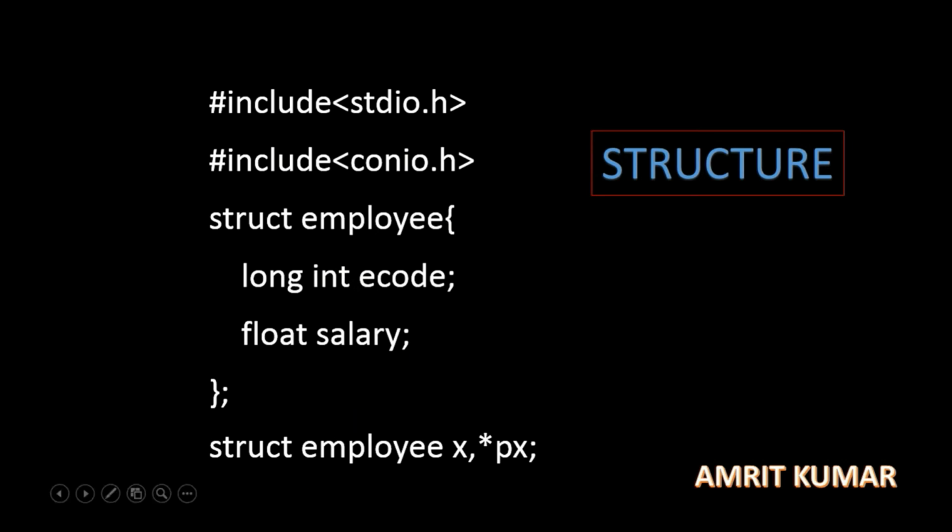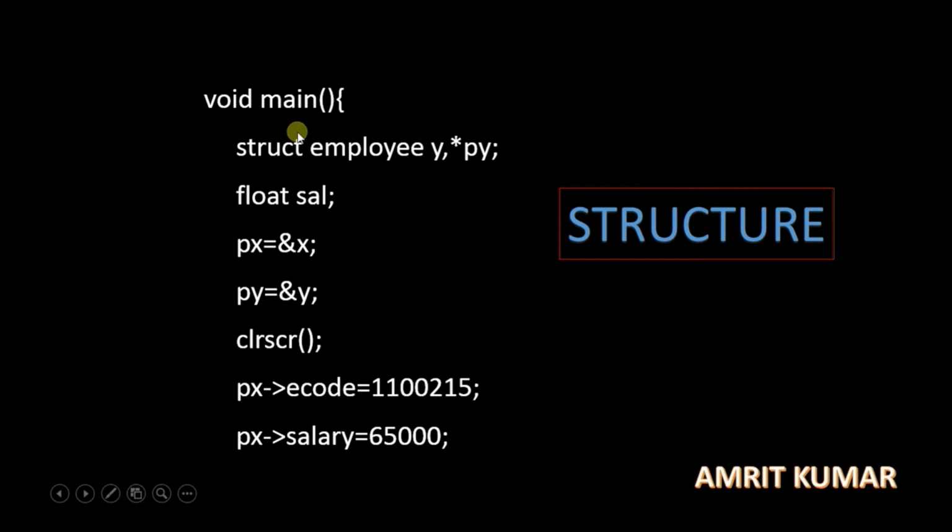Now I am using the main function, whose return type is void, so it is not going to return any value. You see here the open curly braces, so I am opening the main function, and in that I am declaring struct employee y comma asterisk py. Again I am declaring a variable and a pointer of the employee data type.